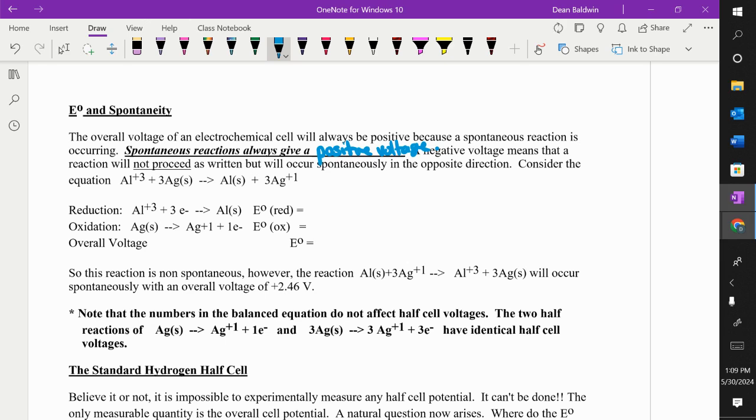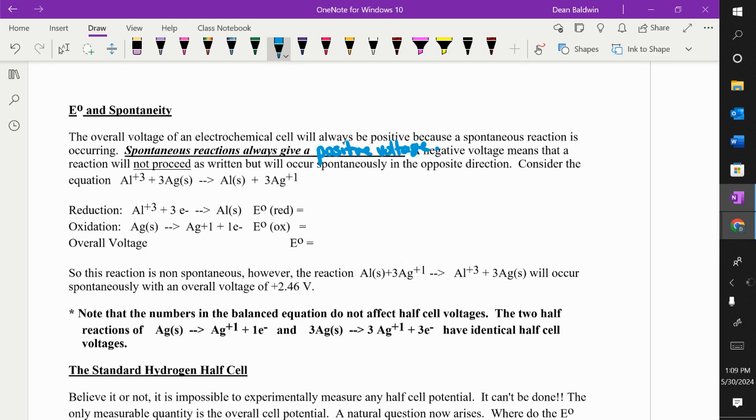Okay. So if we look at this reaction, aluminum ions plus 3 silver goes to aluminum solid and 3 silver ions. The aluminum is written as a reduction because it is gaining electrons, going from aluminum plus 3 to aluminum solid.